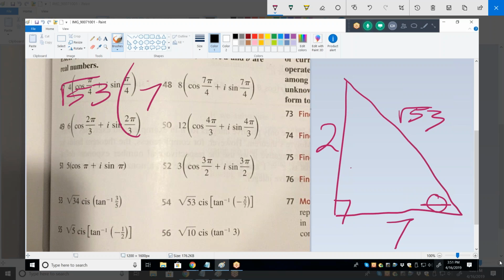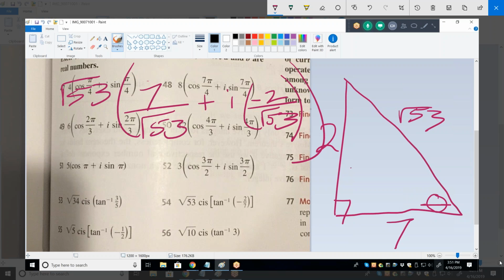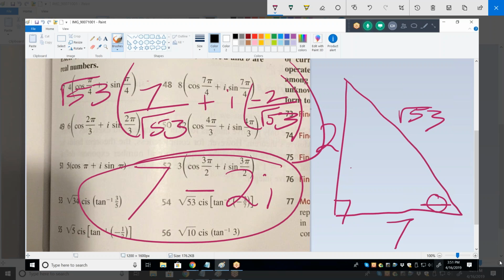Positive 7 over root 53, plus i, what's the sine of that angle? -2 over root 53. Simplify it. 7 minus 2i. Very good. Garrison, you're picking up on this really well. Thank you.